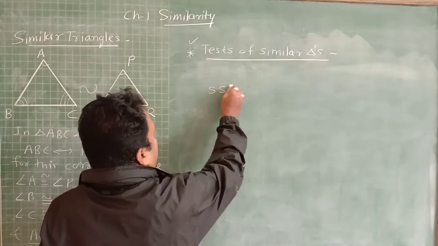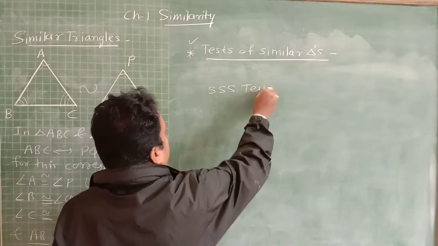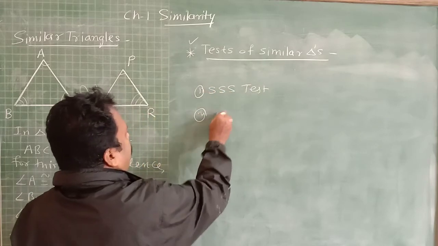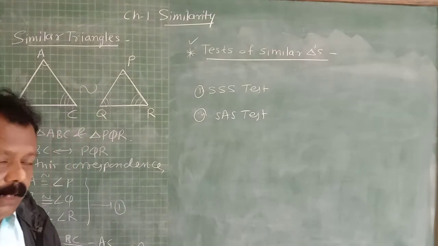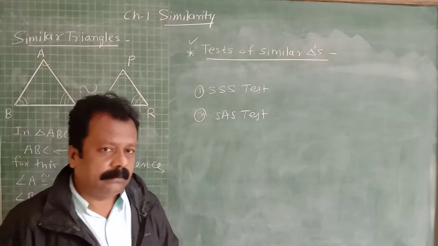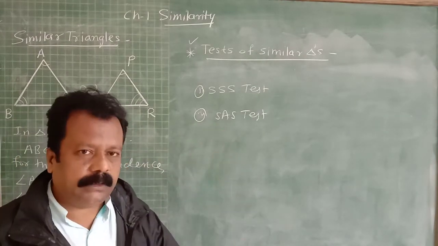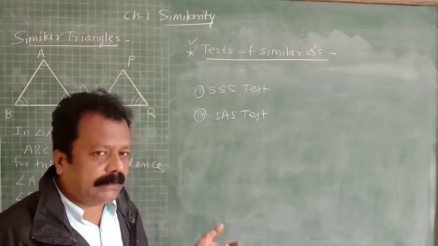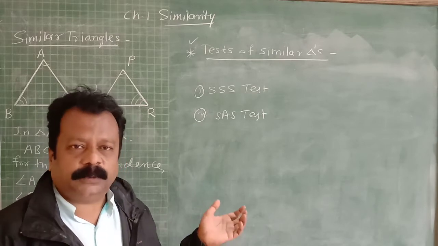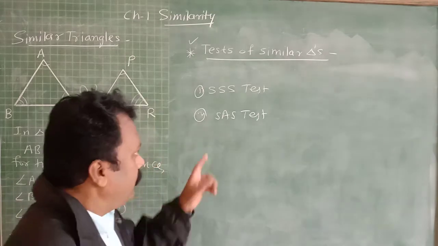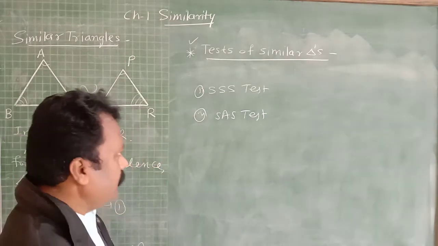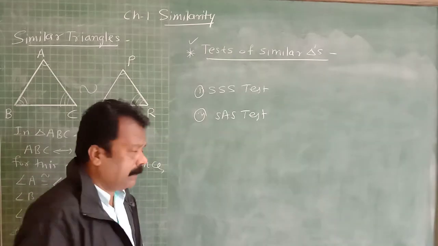That test is called the SSS test. Another test is the SAS test. If we consider 2 sides and the included angle of one triangle and of another triangle, and the corresponding sides are in proportion and the angles included between them are congruent, then we can say the two triangles are similar by the SAS test.